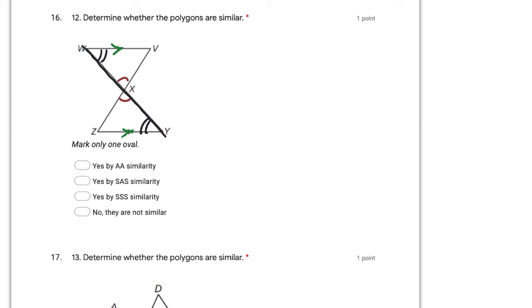So here's our parallel lines. These two angles are on opposite sides of the transversal, so that's alternate. They're inside the parallel lines, so these are alternate interior angles, and those are congruent when the transversal crosses parallel lines. So we've got two angles congruent between the two triangles, and so that will be angle-angle similarity, and we know their sides are in proportion at that point.